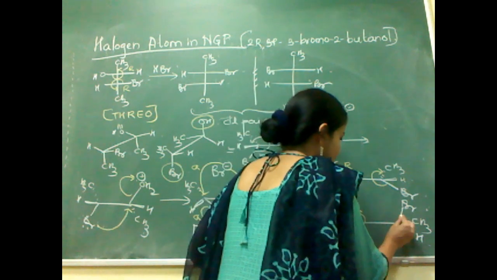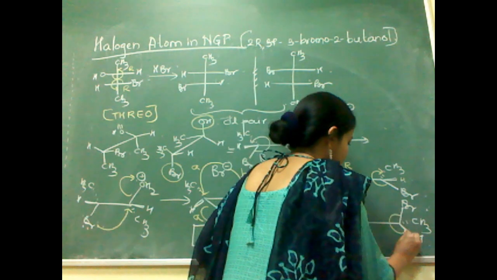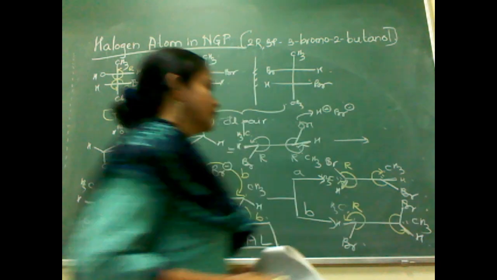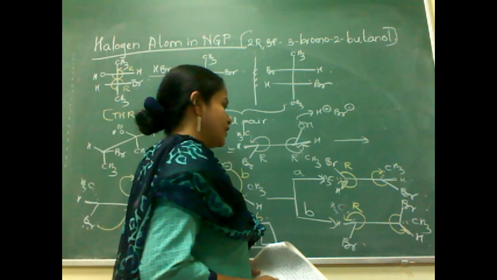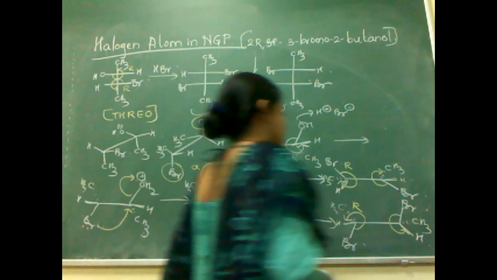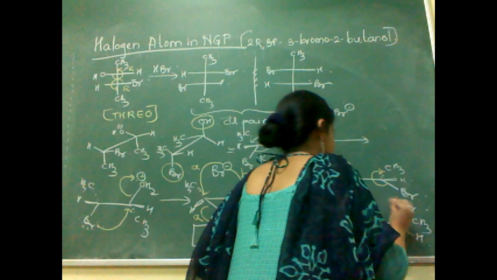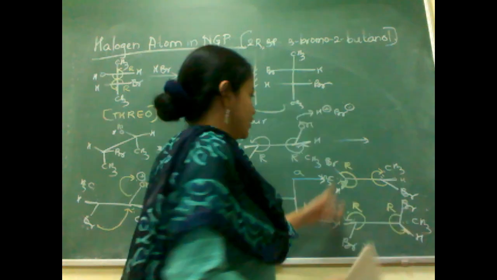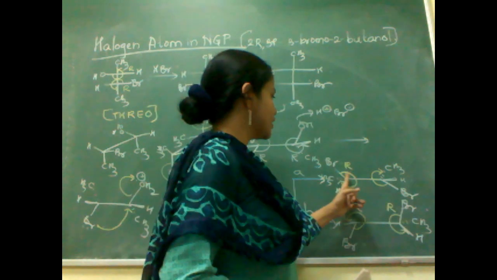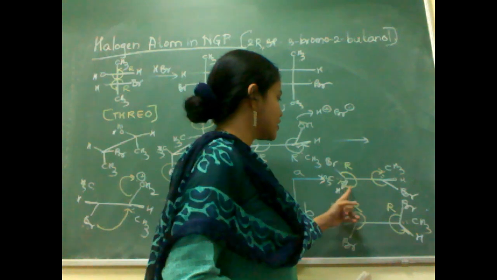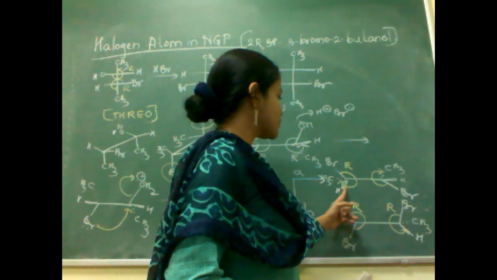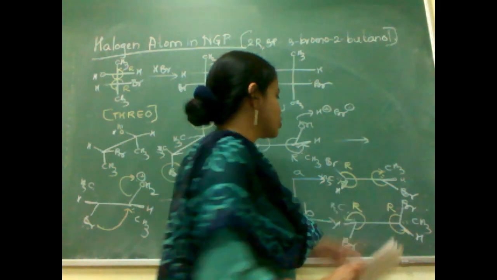Again, if you try to see, now this is going in anti-clockwise direction. So this is R. I am sorry, here if you try to see, it is going in clockwise direction, but the group of lowest priority, hydrogen, is coming towards the observer.